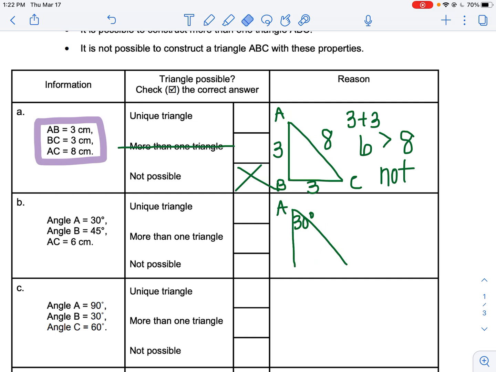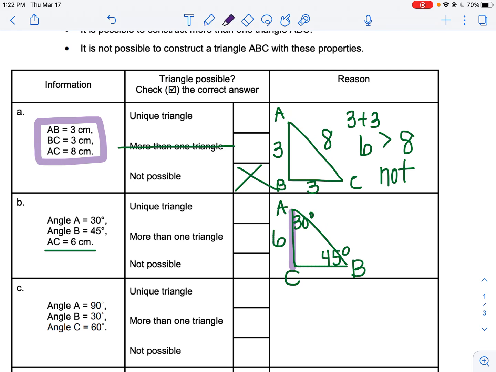Therefore, that means that B probably goes on the other side of our triangle at 45 degrees. And then it also says, here's a clue, that AC, so A, if I'm highlighting A down to C, is 6 centimeters.